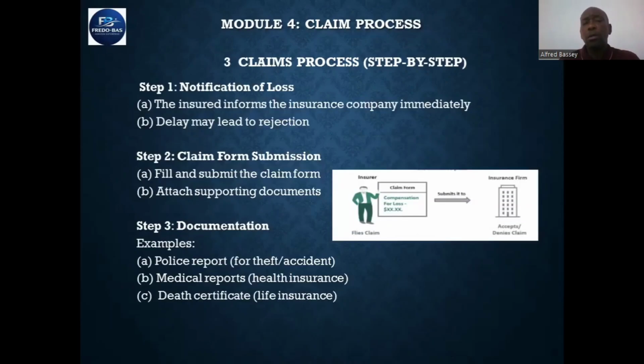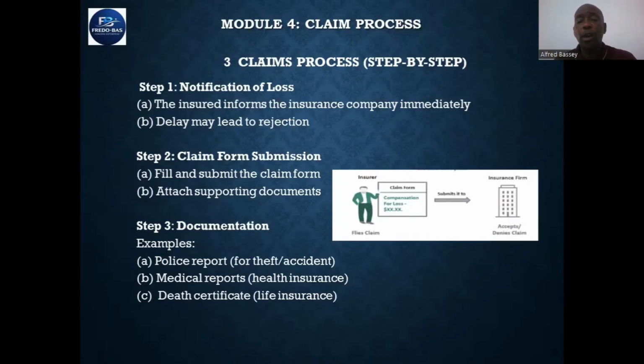So let's go on to the claims process, step by step. Once an event or a claim occurs, you must notify the insurance company or your consultant. So step one is notification of loss. The insured informs the insurance company immediately, otherwise delay may lead to rejection. Step two is the claim form to be submitted.